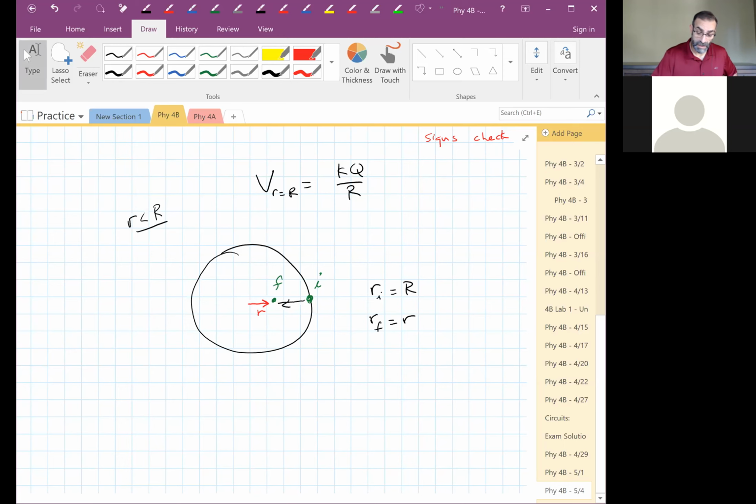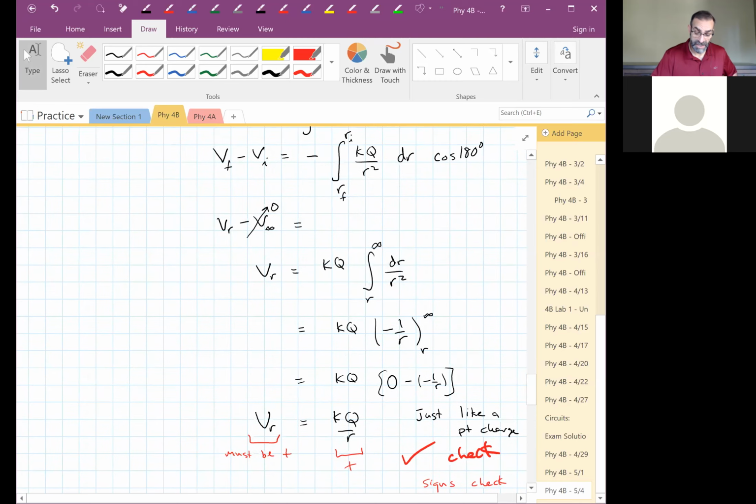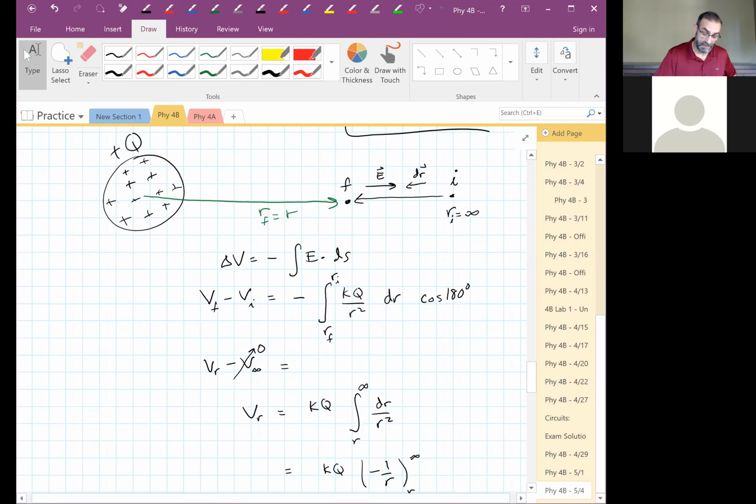Question about limits of integration. Limits of integration are always, if I understand math correctly, the smaller number at the bottom and the bigger number at the top. The cosine 180 tells you that you're going in the opposite direction. Don't double count.